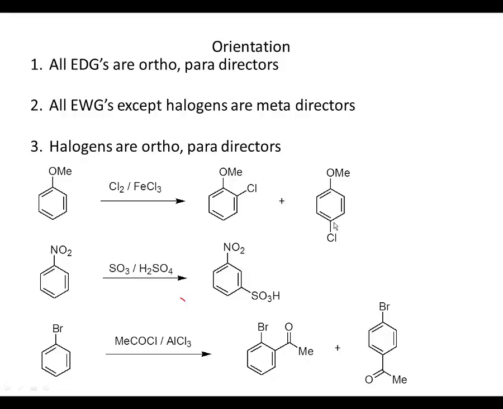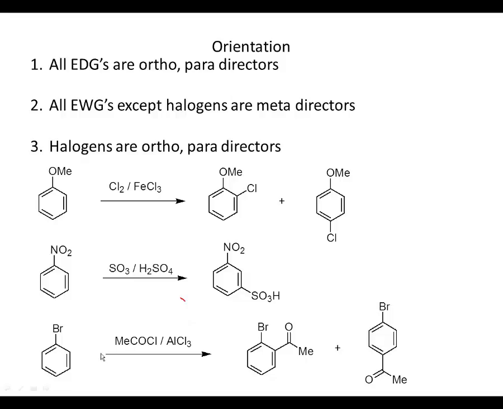Usually more para than ortho due to steric reasons, but still significant amounts of both. Okay, this deactivated ring here contains the electron withdrawing group nitro, and an attempt to sulfonate this ring would result in almost exclusively the meta sulfonic acid, as shown here.